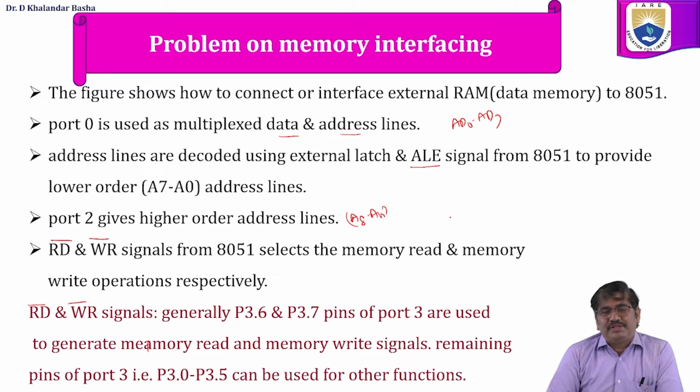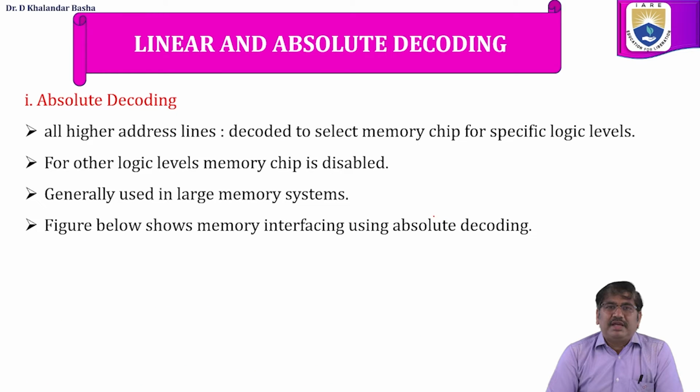The remaining port 3 pins, P3.0 to P3.5, are used for other functions. Next, for decoding the address information, we have two kinds of decoding mechanism, linear and absolute decoding.